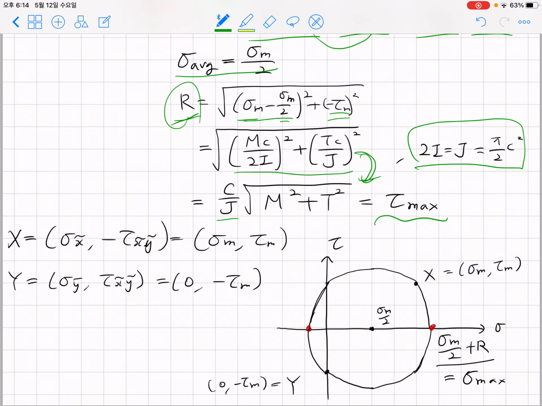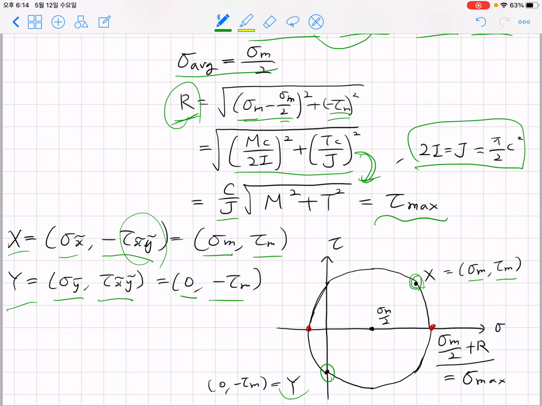Now let's plug in the values for the x and y positions in the Mohr circle. X position, we have sigma m. Y position, along the horizontal direction, we have 0. We have to plug in minus tau m, which becomes tau m. Yeah, this is minus tau m in our case. So if you specify the big X and big Y points, big X is located at some position with positive sigma m and positive tau.